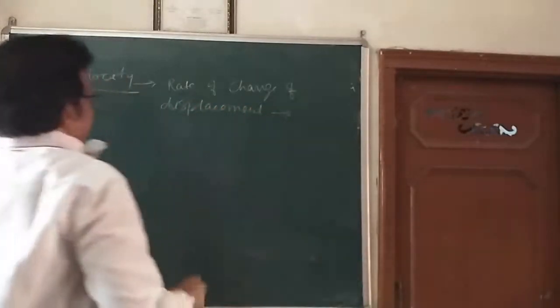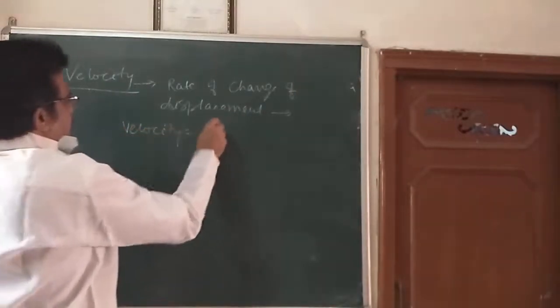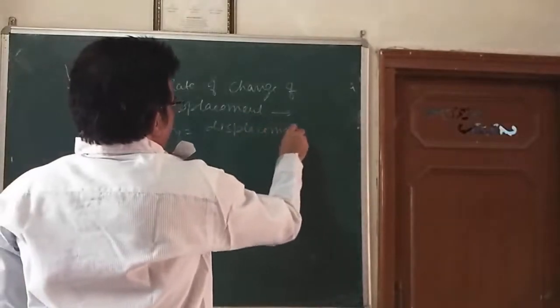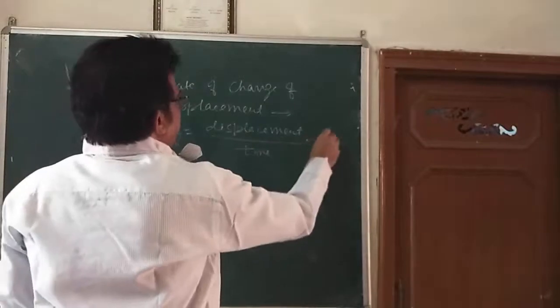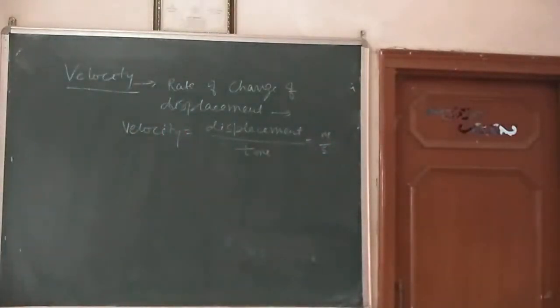The velocity is displacement upon time, and the unit of velocity is meter per second. Write down.